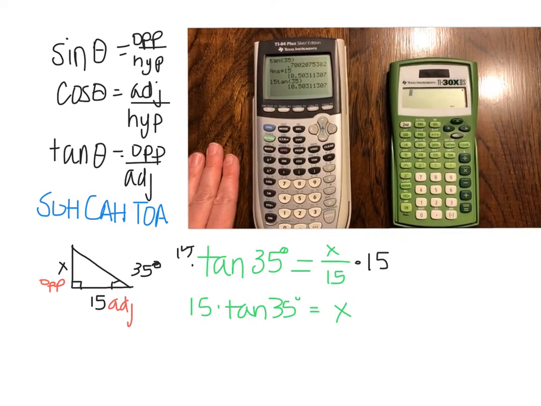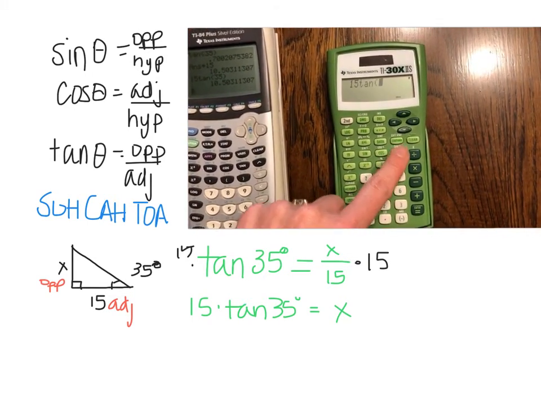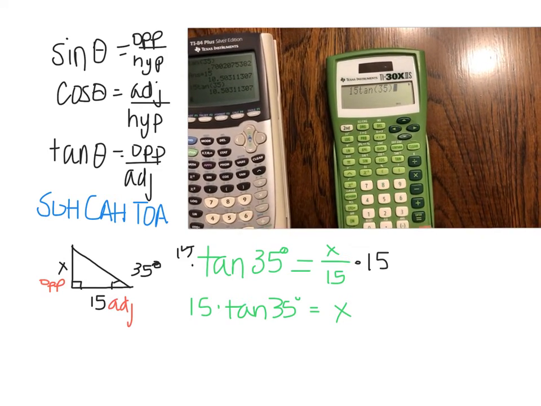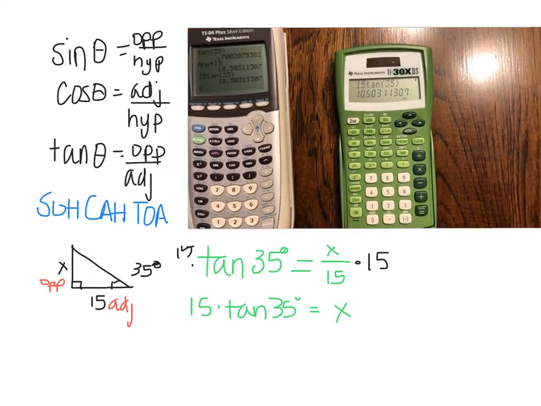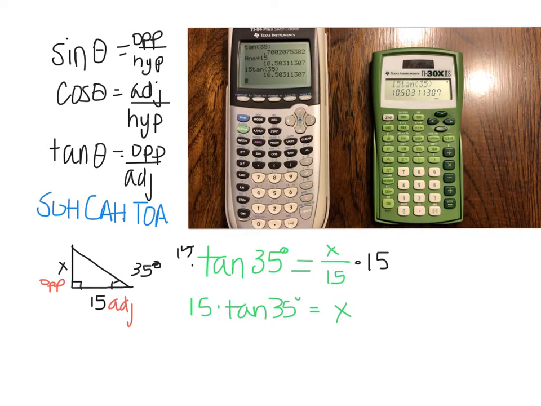Gives us the same answer. And on the scientific calculator, it looks the exact same. So 15 times the tangent of 35, hit enter, and we get our answer of 10.5. Okay, so we know that this side is roughly 10.5. So that's the side x, this opposite side here, is roughly 10.5.